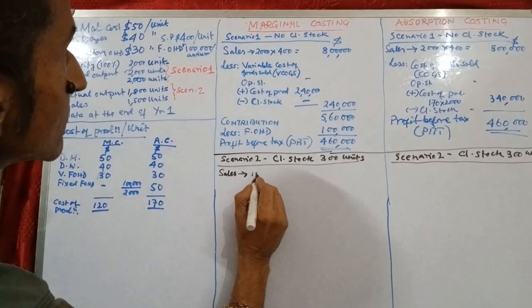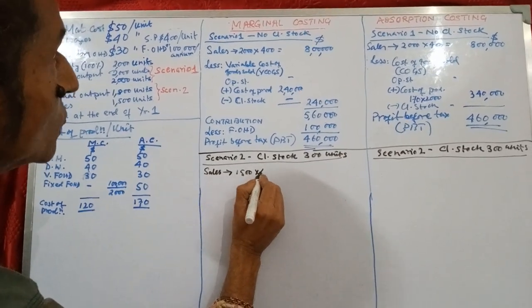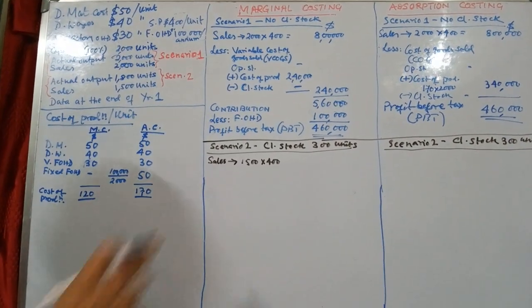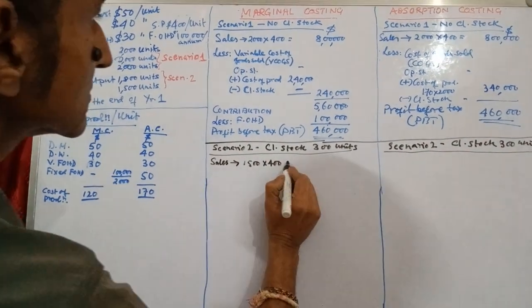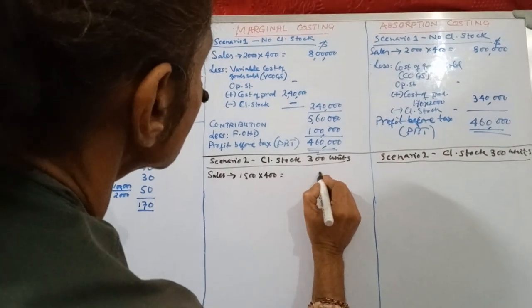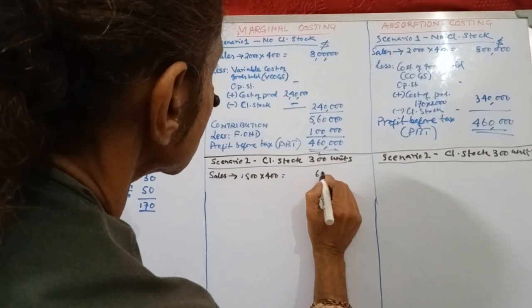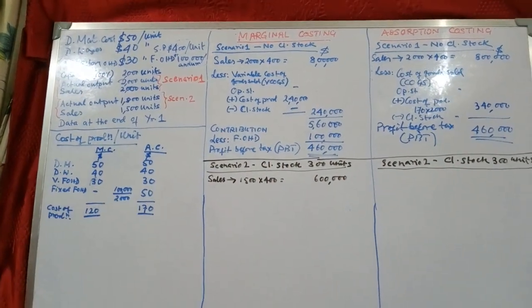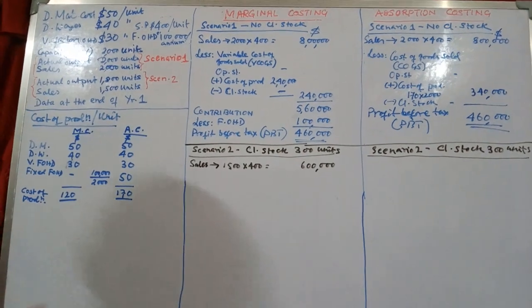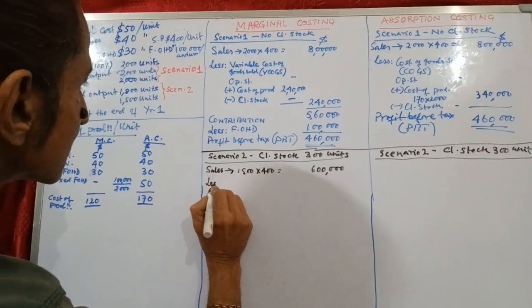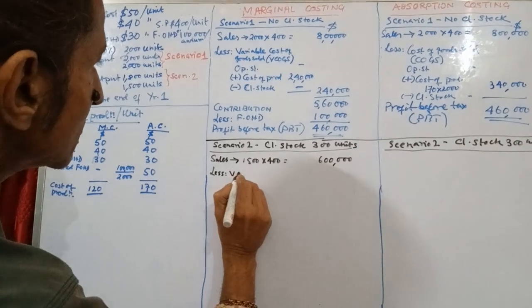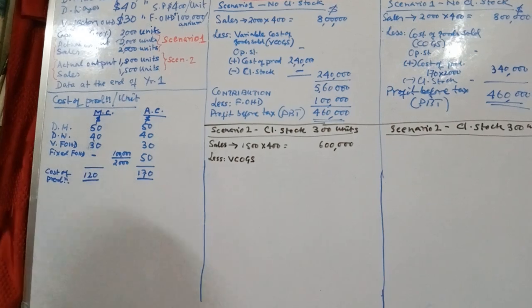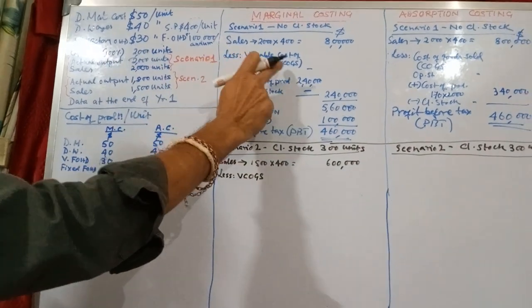So 1500 into 400. 1500 into 400 gives us how much? 600,000. Okay. Less variable cost of goods sold, VCOGS, variable cost of goods sold.